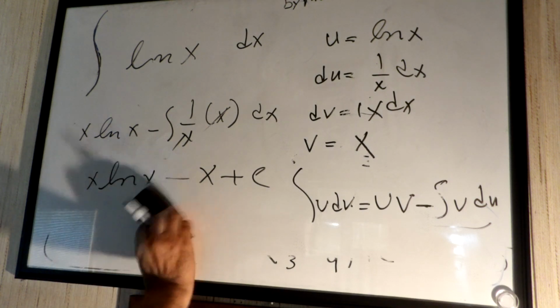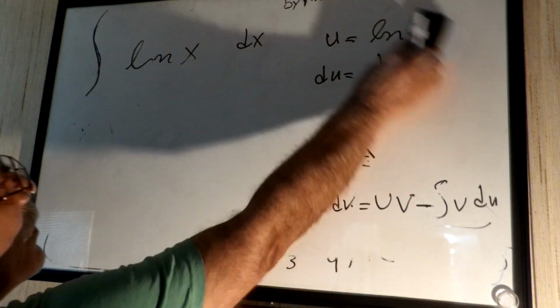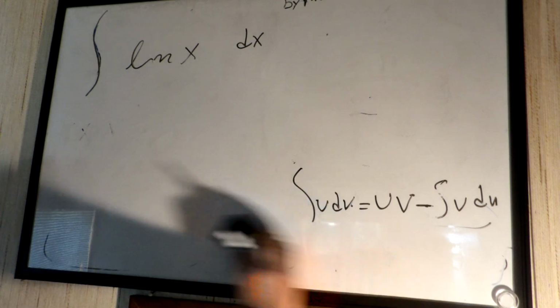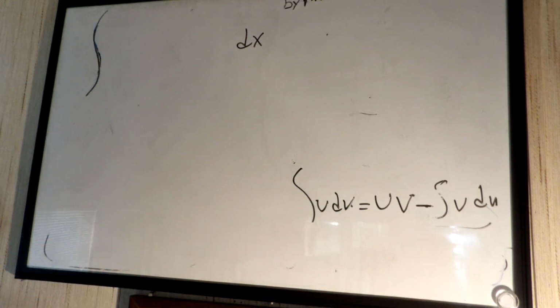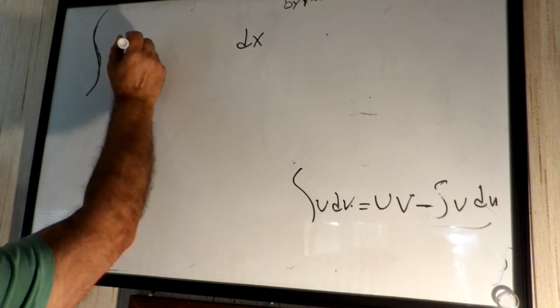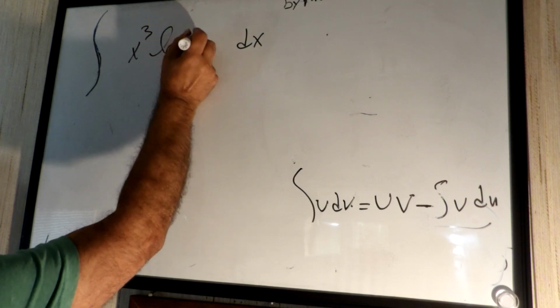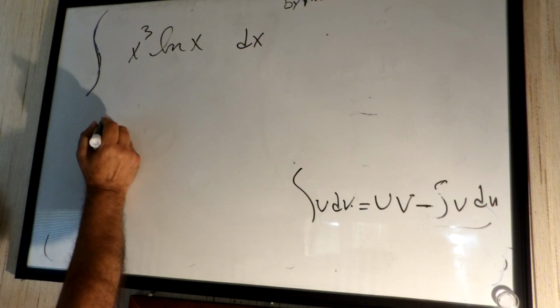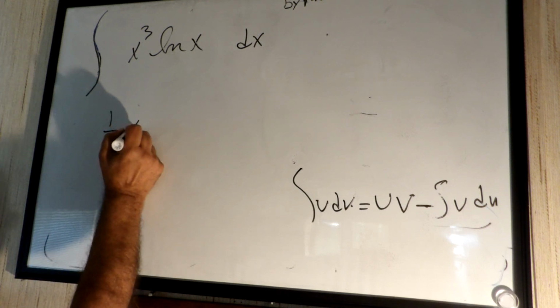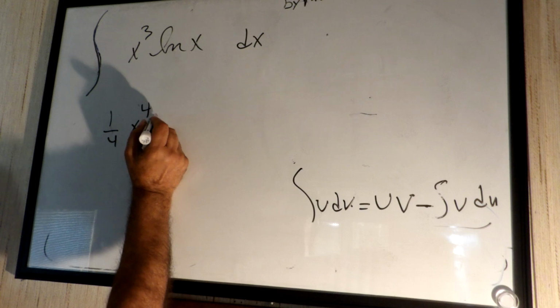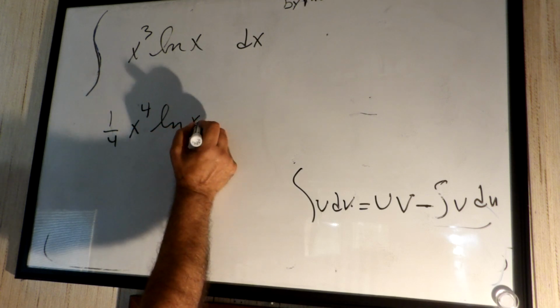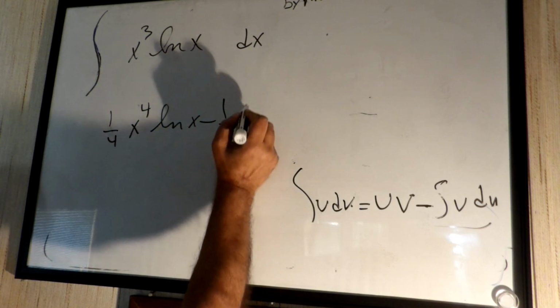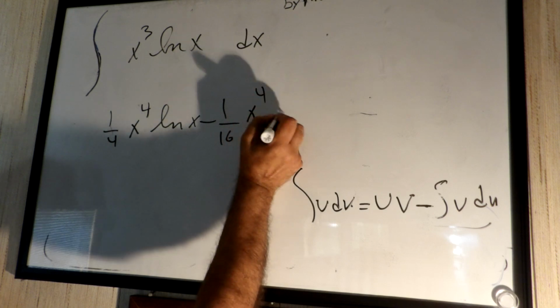Okay, if you want to try this one, x^3 ln x, the answer is going to be 1 over 4 x to the power of 4 ln x minus 1 over 16 x to the power of 4 plus c.